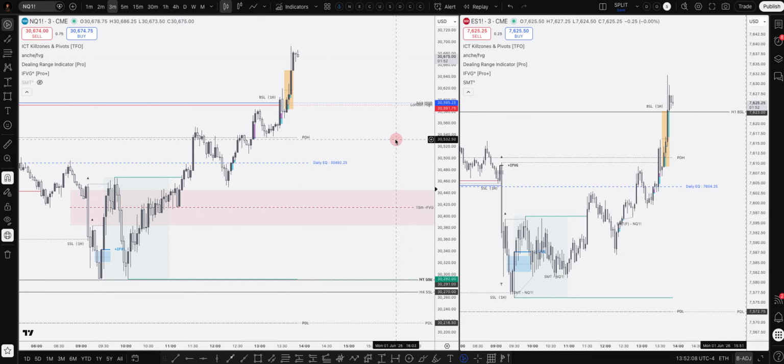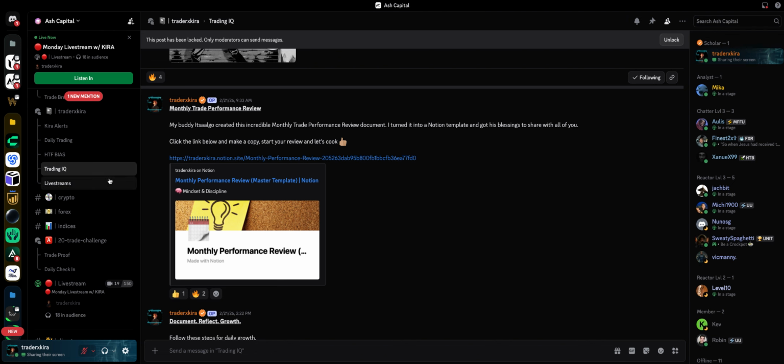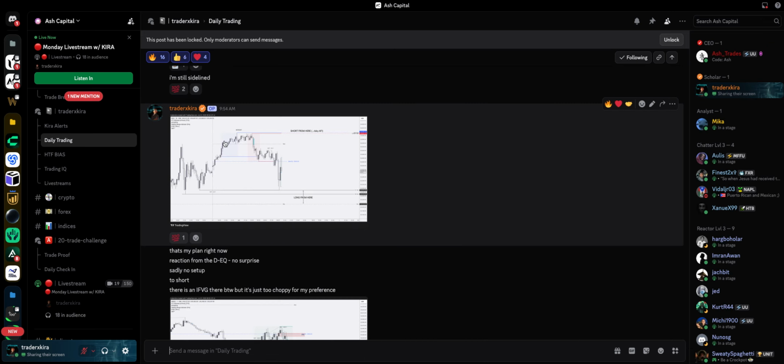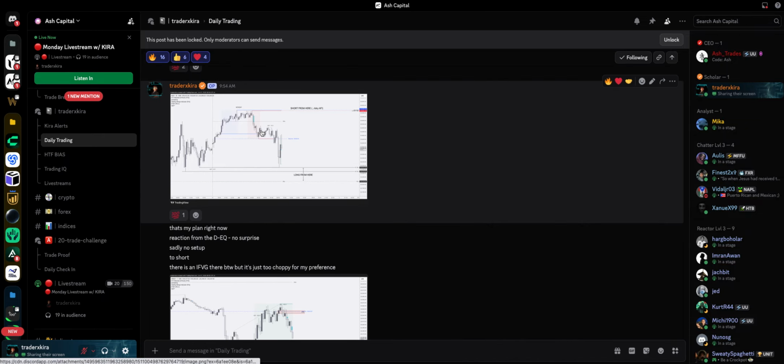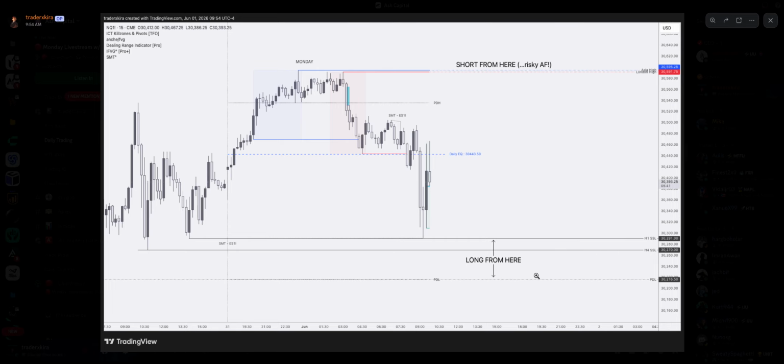You'll often see in my thread I post what I'm looking for. Right here, for example, at 9:54 in the morning, I was saying, this is what I'm looking for: I want a long from down here, I want a short from here. The daily EQ at this point was irrelevant, it hadn't come back into play yet. But those are the extremes of the range.